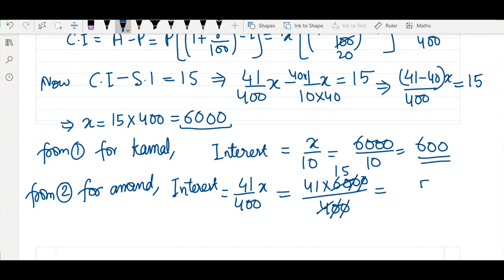So 15 1 is 15, 4 15 is 60, so 615. So these are the interest obtained by them. We can apply the rupees sign. I hope it is clear.